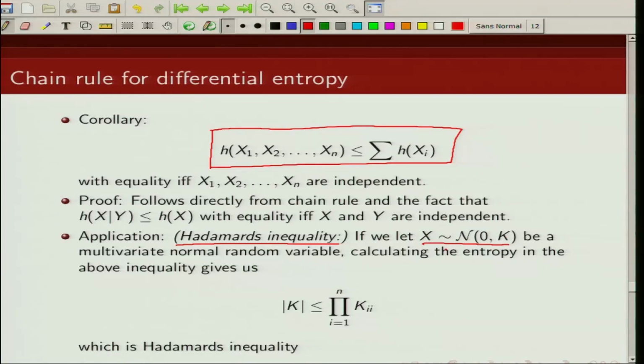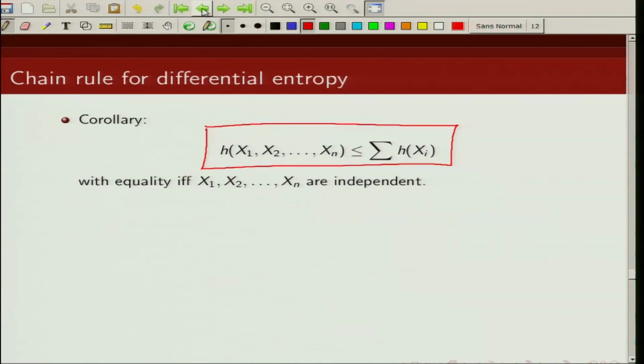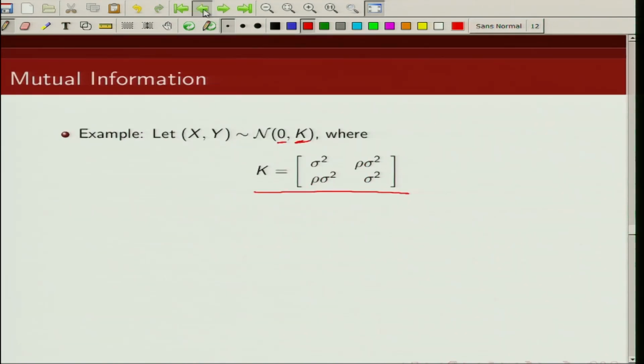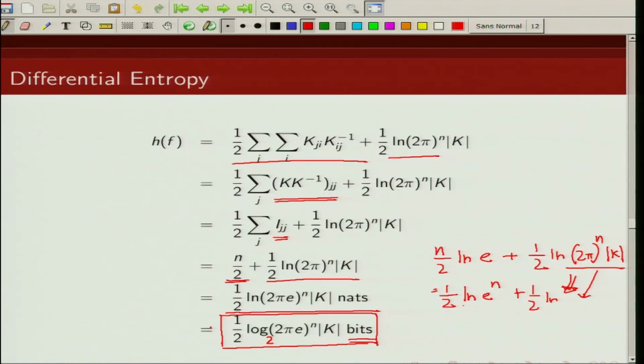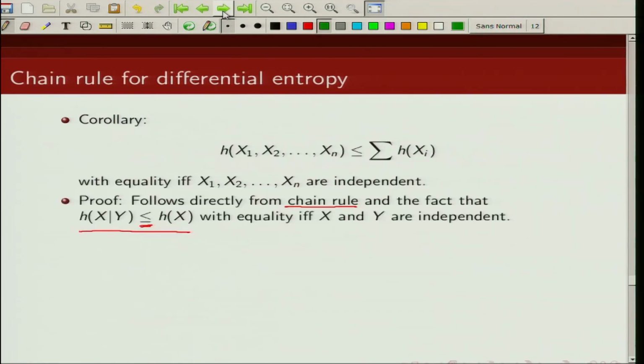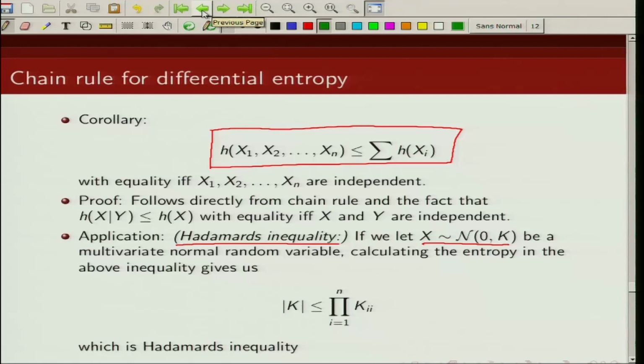Now if we compute its differential entropy, we have already done this before, it is given by this expression: half of log of (2 pi e) raised to power n times the determinant of K. And what is this h of xi?